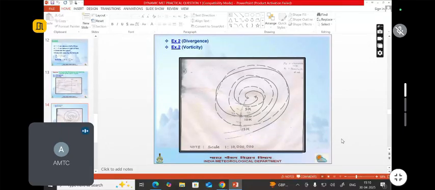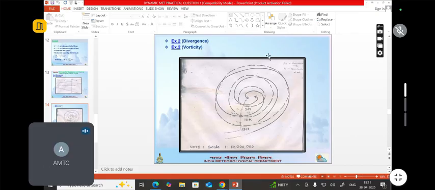So you can see this schematic. This looks to be a flow pattern. Winds are coming inside a system. It is very much evident.